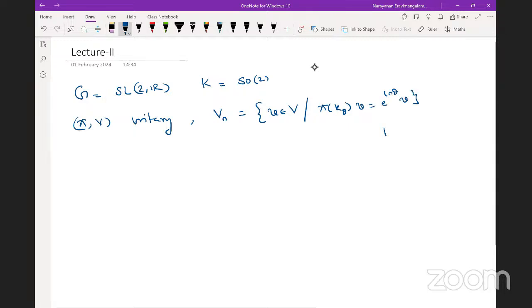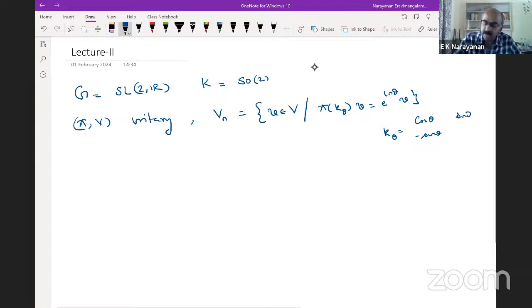So what was k_theta? K_theta was our matrix (cos theta, minus sin theta; sin theta, cos theta), the standard matrix in SO2. And because we are on a Hilbert space, these V_n are orthogonal to V_m if n is not equal to m.